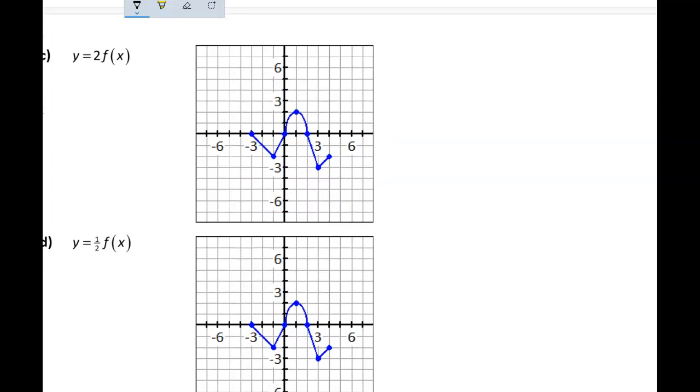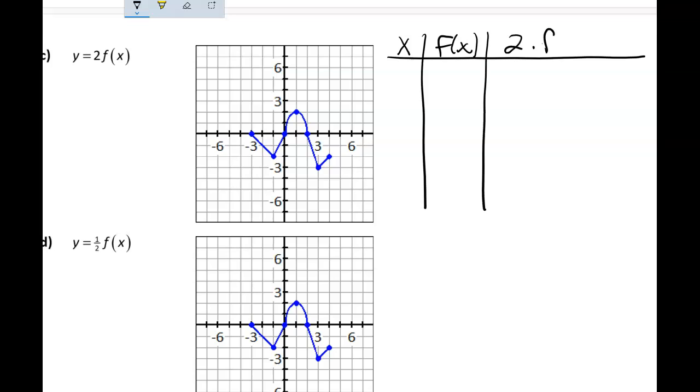Y equals 2 times f of x. So we have x, f of x, and final column 2 times f of x. We can plug in those x, f of x values, and as we start doing some that are more involved, I'm going to use one less value. You notice I've done -3, 0, and I've usually used -2, -1.